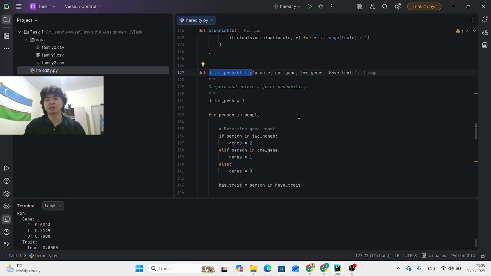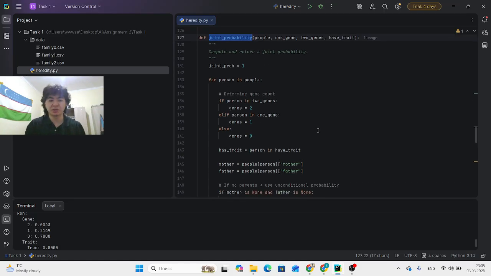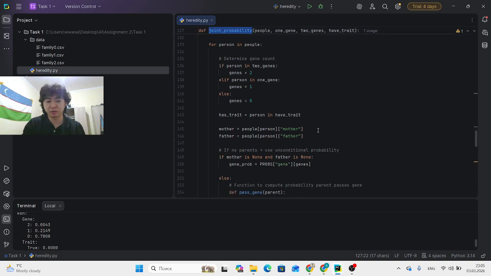The algorithm works like this: for each person, if there are no parents, use the probs. If the person has parents, calculate the probability based on the parents' genes and mutation, and multiply it with the trait probability from probs trait. This gives the probability of the exact combination of genes and so on.